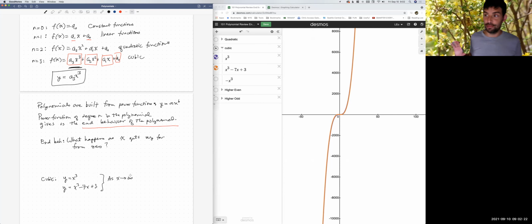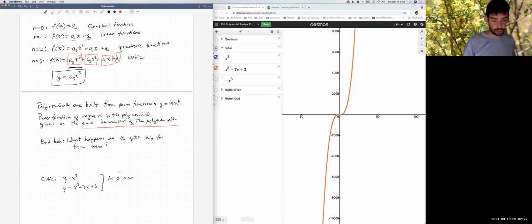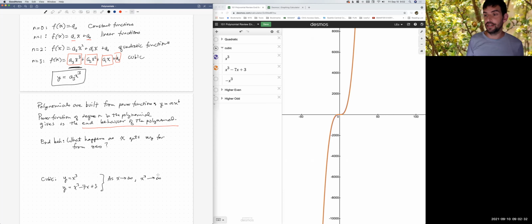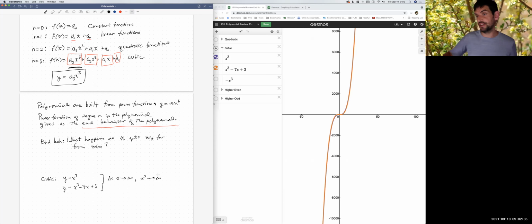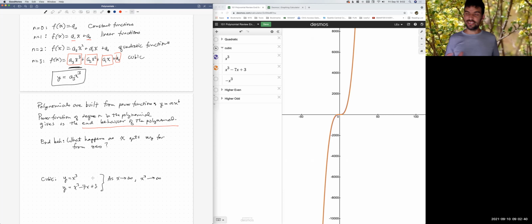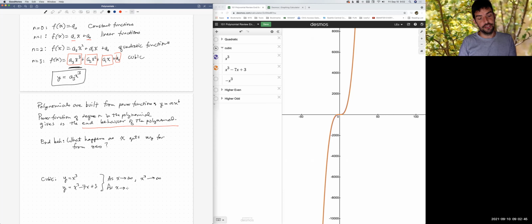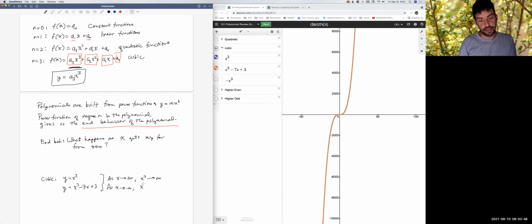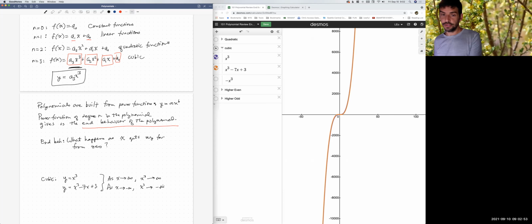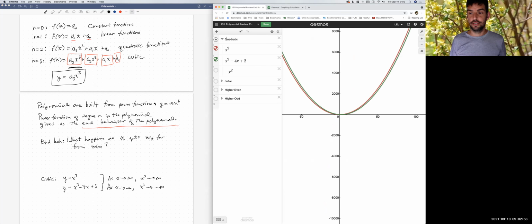Keeping in mind, infinity is not a place we can go to, it's the way we say it, just meaning as x gets larger and larger, x cubed also goes to infinity, right? So if you look at this graph, as I keep moving right, the graph gets increasingly high for both of these. All that stuff near zero doesn't matter. And as x gets large in the other direction, as it goes to negative infinity, x cubed also goes to negative infinity, right? Let's go back to the quadratic, right?